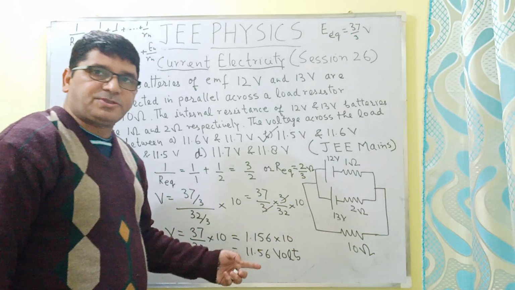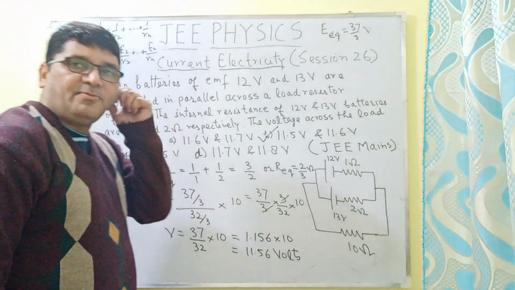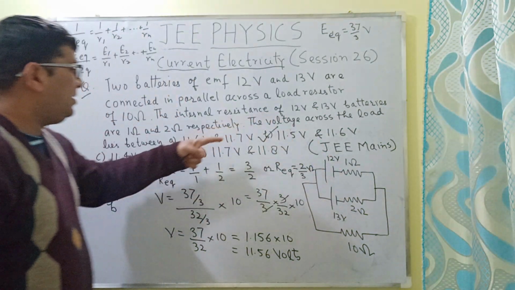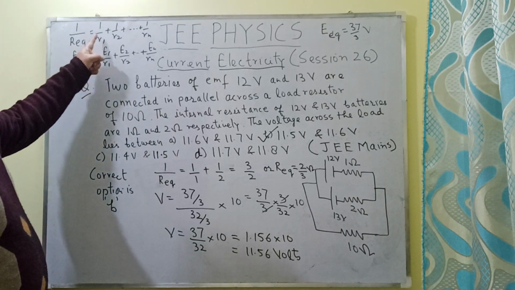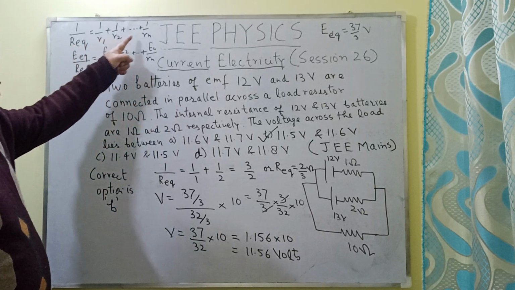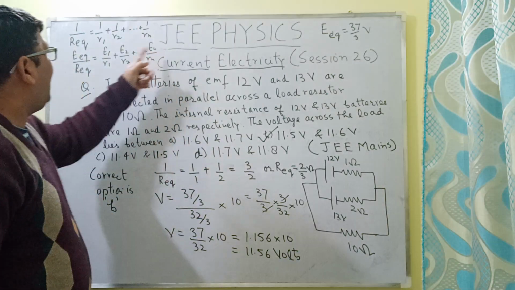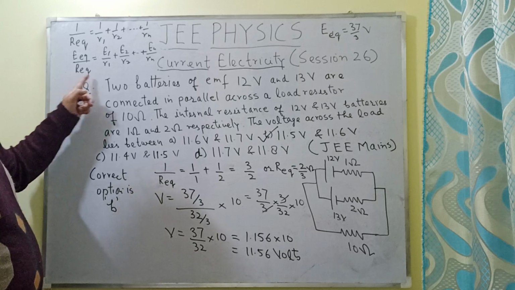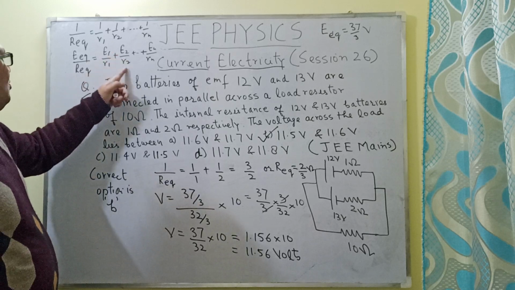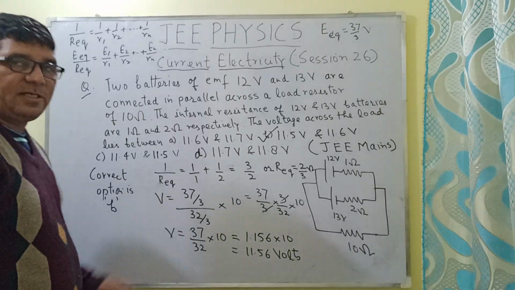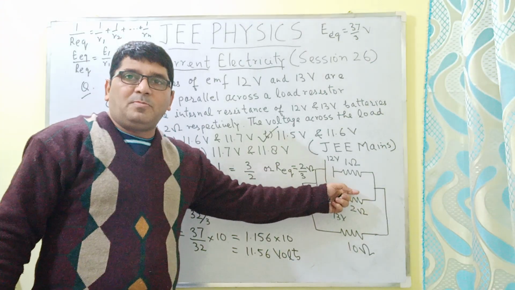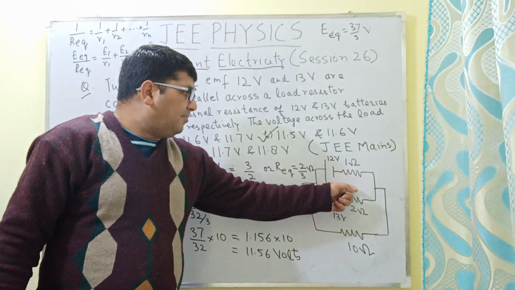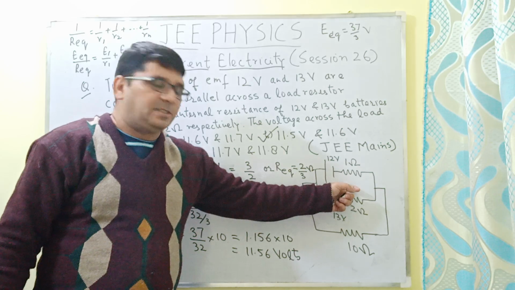So in this question, the most important thing which we have to remember was that in the case of parallel grouping, the equivalent resistance is given by 1 by R1 plus 1 by R2 up to 1 by Rn, and equivalent EMF divided by equivalent resistance is equal to E1 by R1 plus E2 by R2 up to En divided by Rn for this parallel grouping of these EMF sources or the cells.